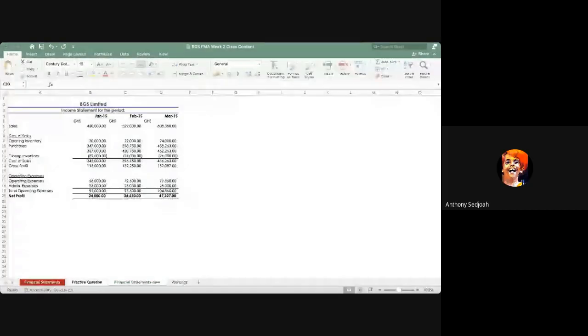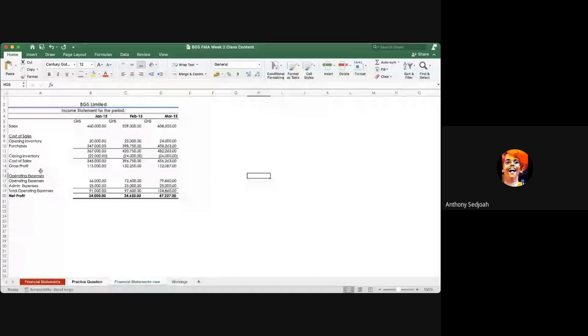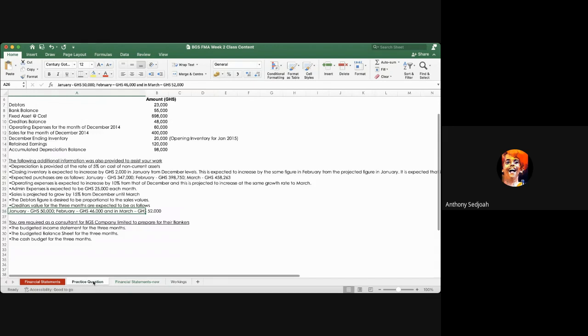Okay. So the operating expenses are basically all other expenses that are not directly related to your activities. In other words, the operating expenses are indirect expenses. So the question gave us two separate operating expenses. One is the operating expenses itself, and then admin expenses.